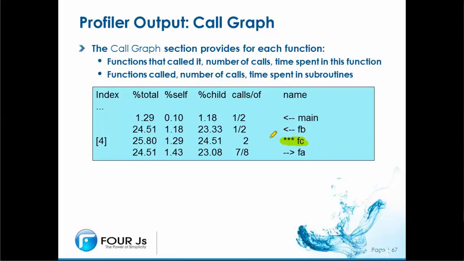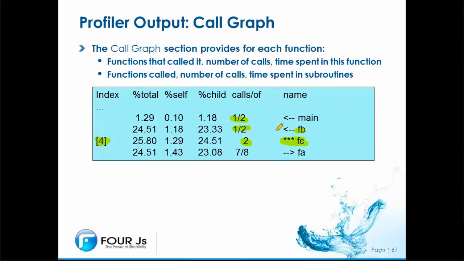And it's telling us here, here's the index. Every function is, I guess we could say, numbered. It has its own index in the output. So this is function number 4 that we're focusing on. It was called twice. One of those function calls was from main, and one of those function calls was from a function called FB.